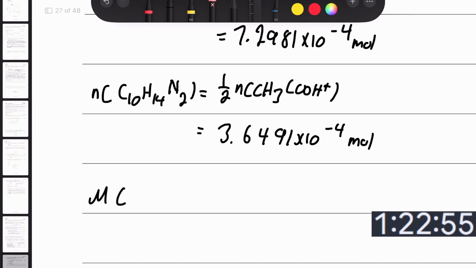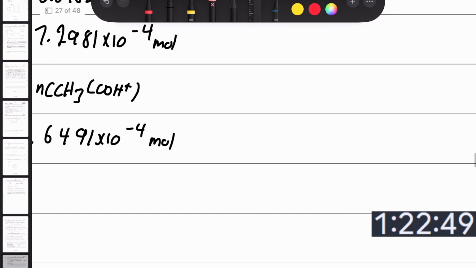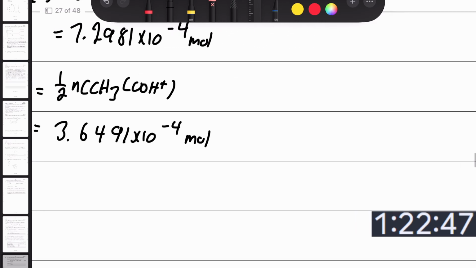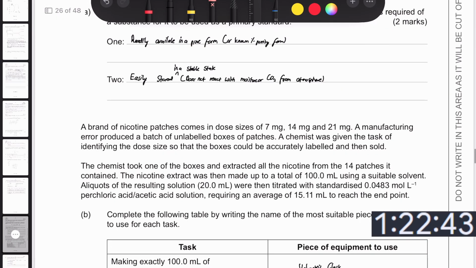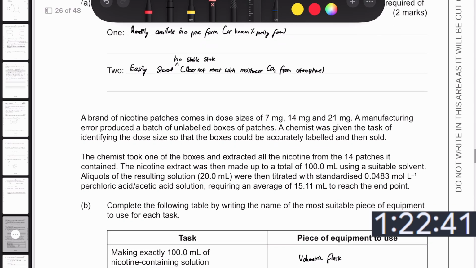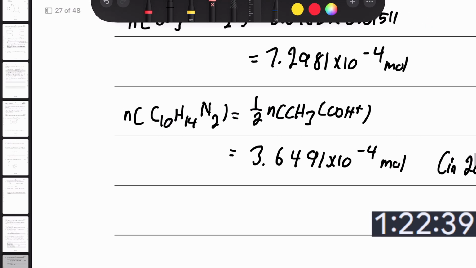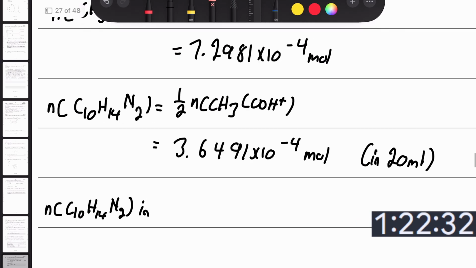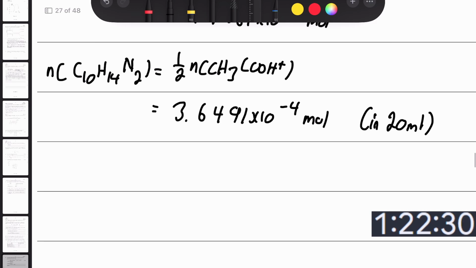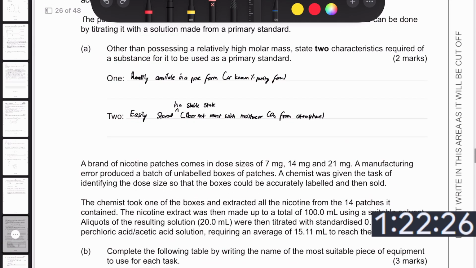So you find the molar mass of C10H14N2. Actually, wait, no. So this is in 20 milliliters of the resulting solution. So the number of C10H14N2, I'll say dilution factor. Oh no, no, because it's not diluted at all.